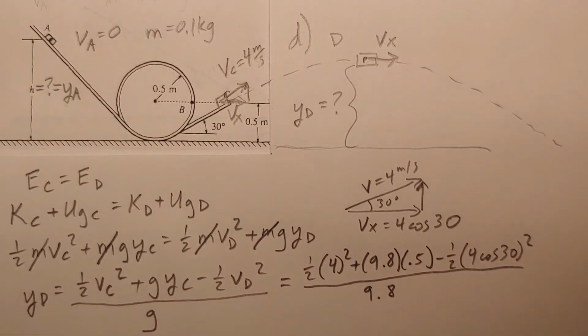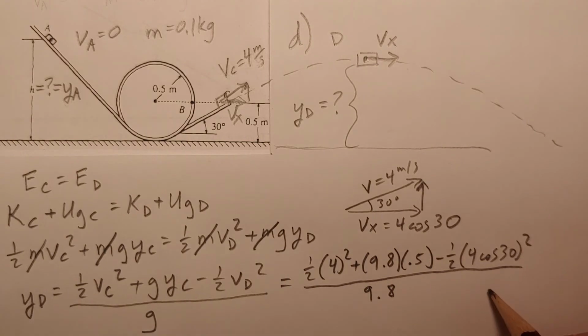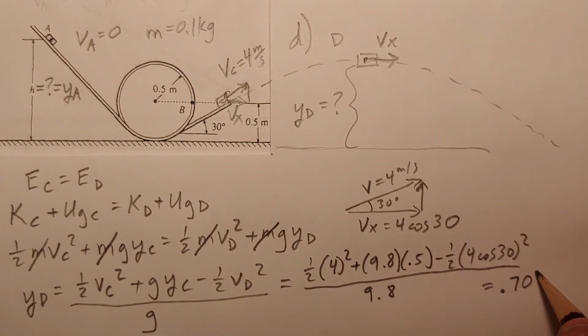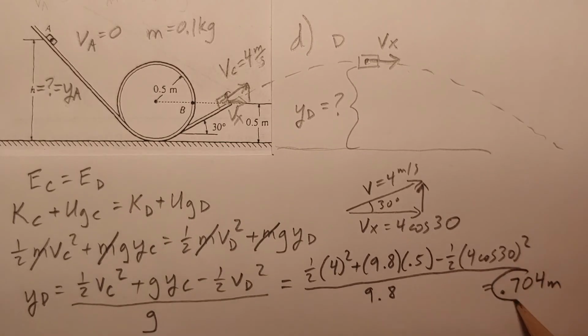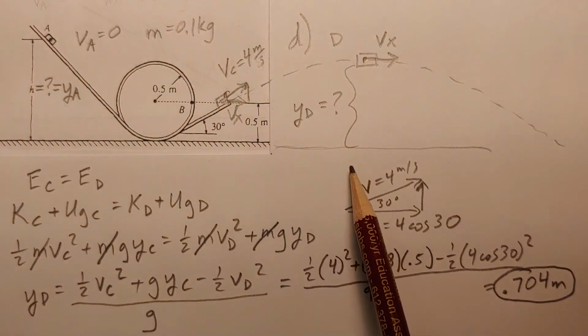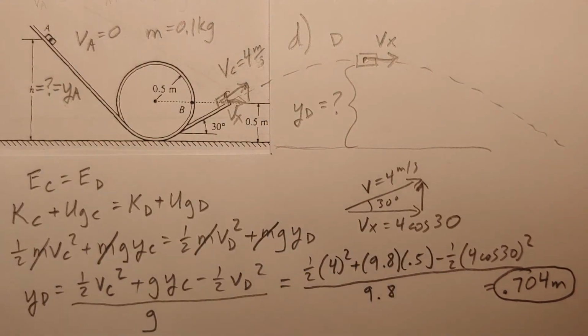And if we calculate that out, that should give us 0.704 meters. And if we check that out, that seems reasonable. This is 1/2 meter, so we know it has to be more than that, which 0.704 is.